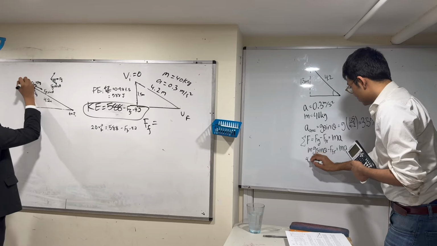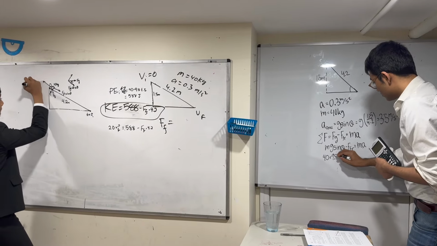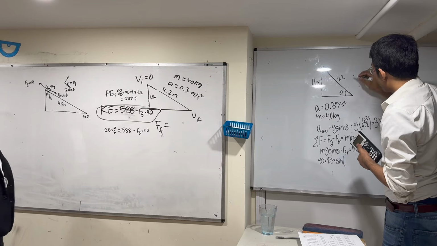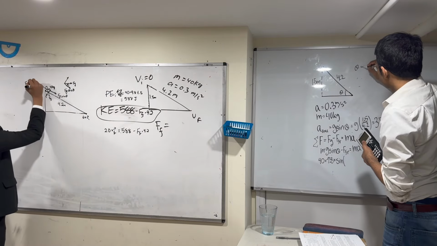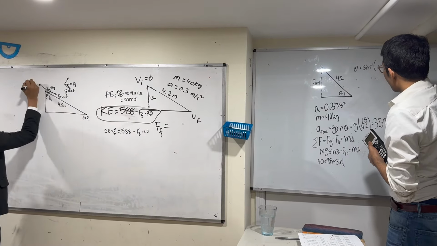And then the other one is that, times the coefficient of. Oh, right. Okay, so minus that, and that is equal to MA.